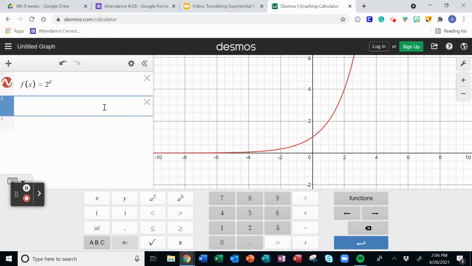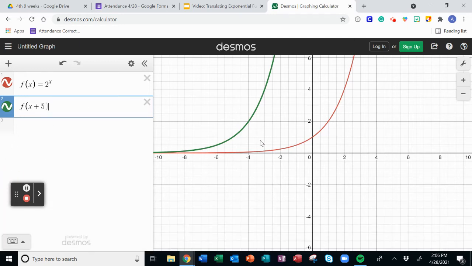All right, and now the next example where they ask us what will happen when we change f of x to f of x plus 5. Put that in. All right, so this is my graph in green, right? f of x plus 5 is in green.